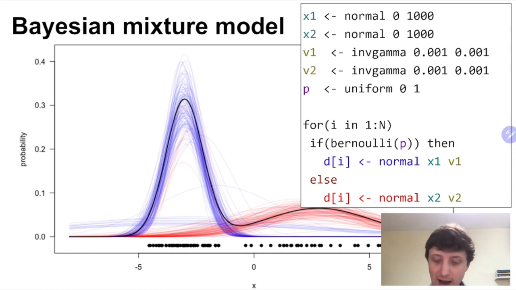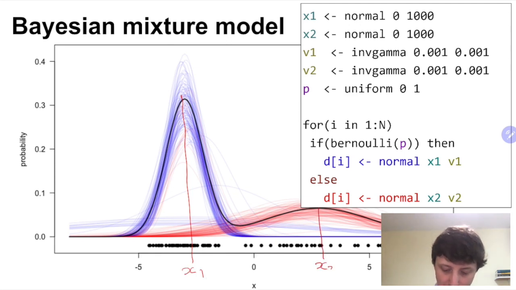So we have the locations x1 and x2 for the two Gaussians, and we have their variances. So we don't know the x1 and the x2, and neither do we know the v1 or the v2.